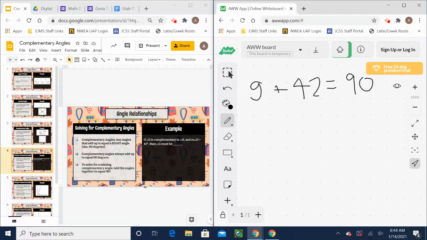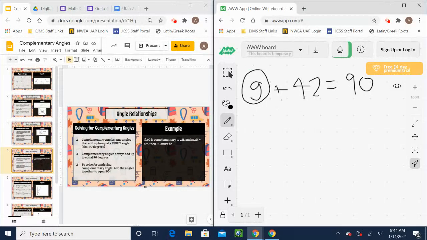Okay, so your next step to solve for this angle G, because that's the whole point of this problem, we're going to follow our equation steps. Remember, when you have a variable and there are operations happening to it, I always ask you to circle that variable, and we want to get rid of this plus 42 so that G is by itself on this side.